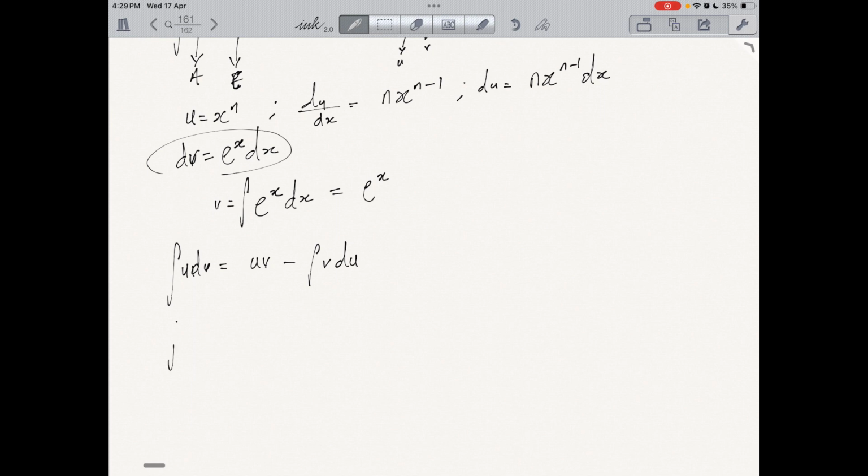Therefore, the integral of x raised to power n exponential x dx is equal to u, our u is x raised to power n, times our v, which is exponential x, minus the integral of our v, which is exponential x, times our du, which is n x raised to power n minus 1 dx.